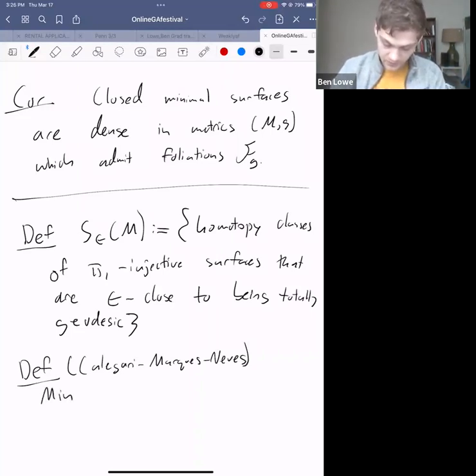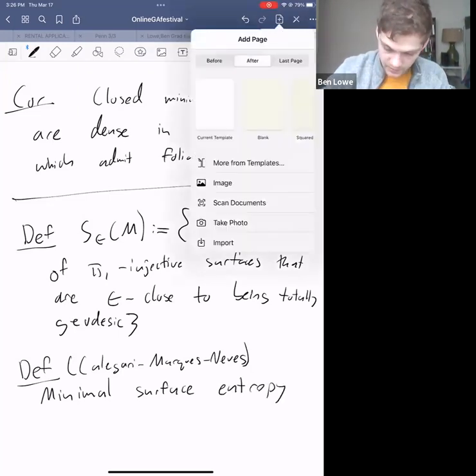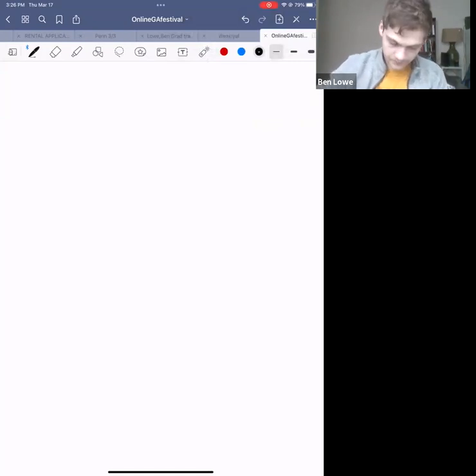Minimal surface entropy. I'll go on the next page since it's kind of long to write, but there's a simple idea behind it.